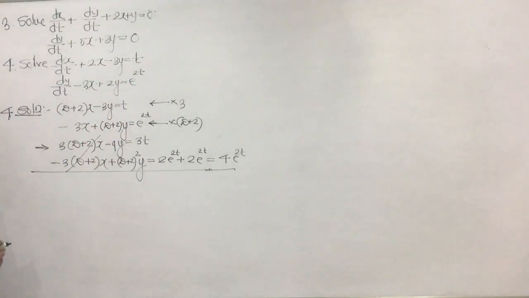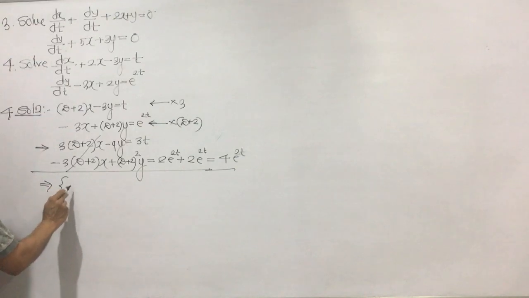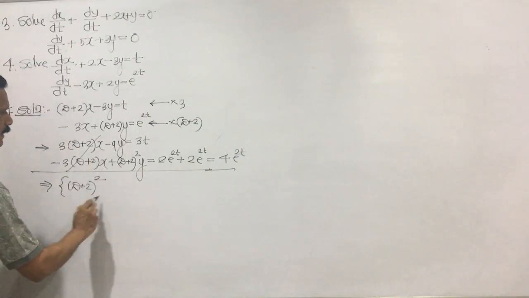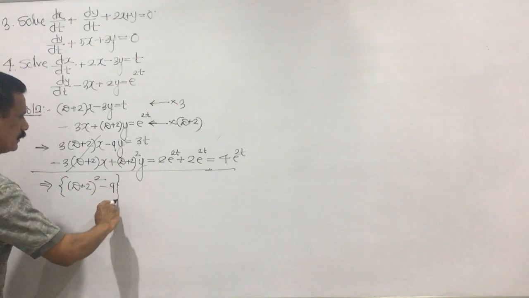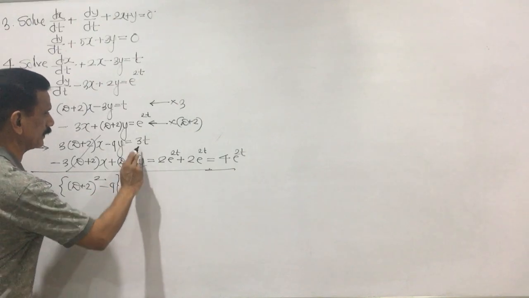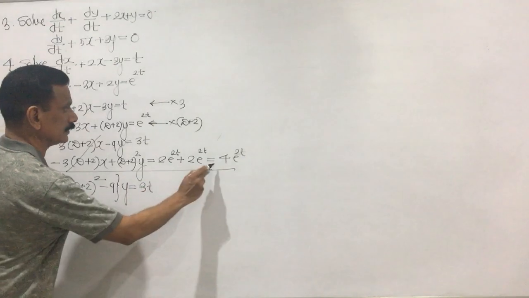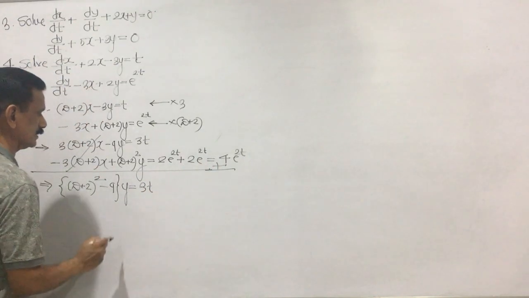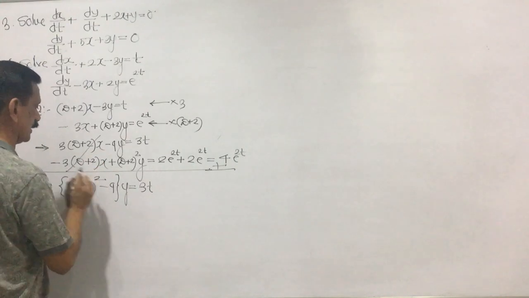This gets cancelled, so I write this one. So this implies, I write here in the flower bracket, it is d plus 2 whole square plus minus 9 multiply by y, and here it is 3t. This is minus, my dear friends, sorry, it is plus, because we are not subtracting, we are adding here.